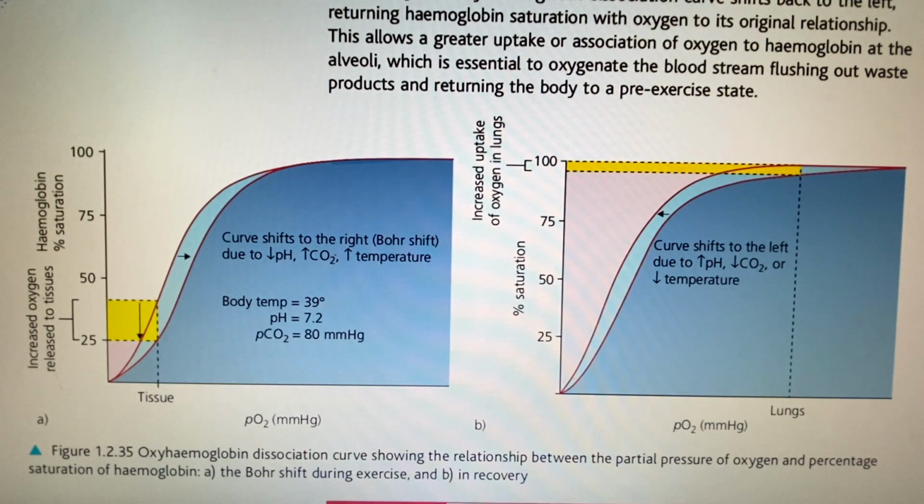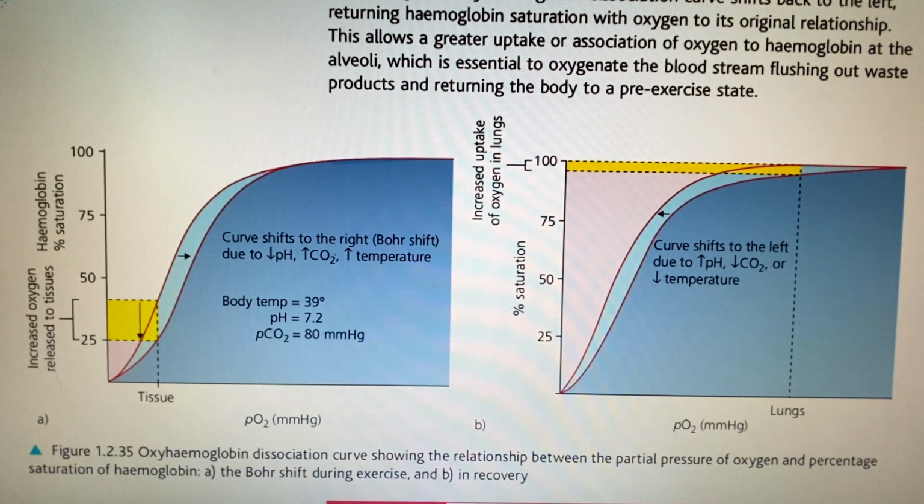So as you exercise, what tends to happen within the muscles is the partial pressure of oxygen within the muscles is going to go down. The reason is fairly obvious. It's because the muscles are using up that oxygen. So your internal respiration's taking place and you are using up the oxygen, and so there's not as much left over as there would have been at rest.